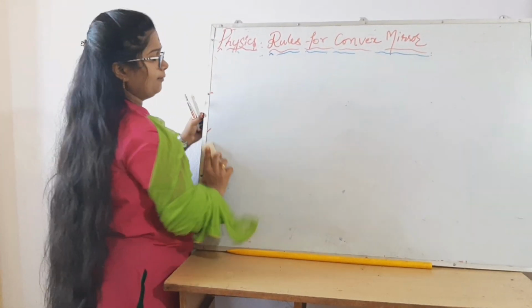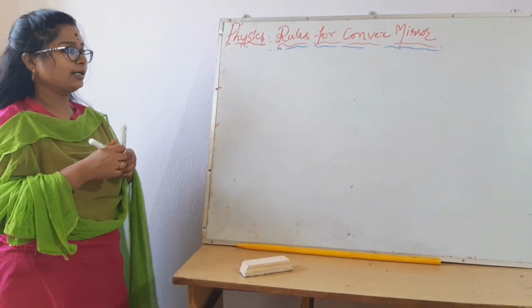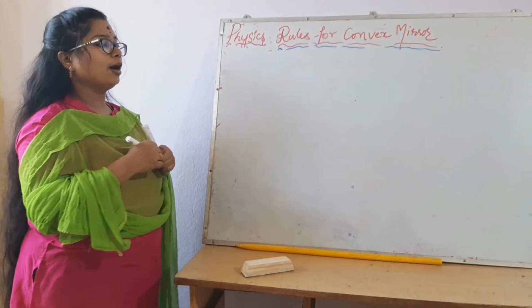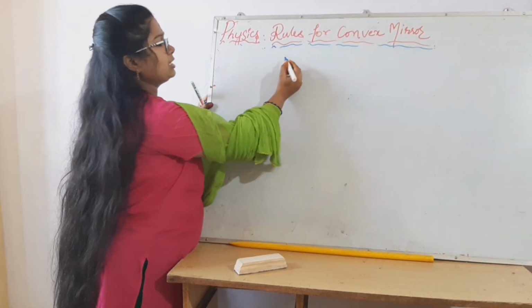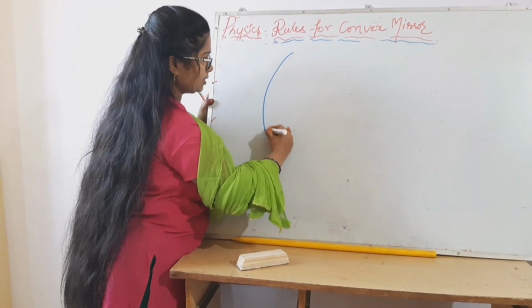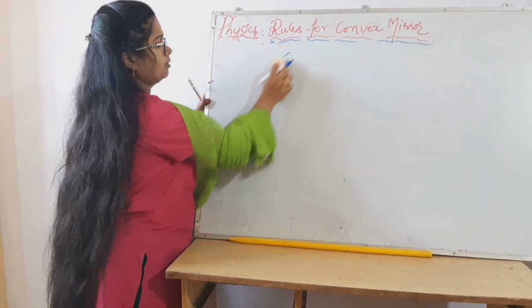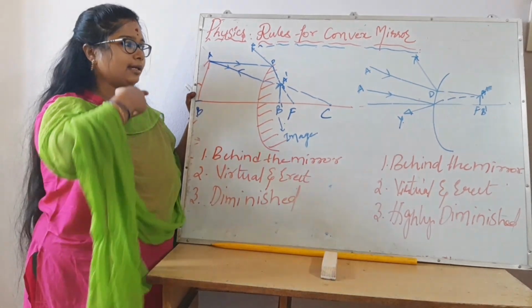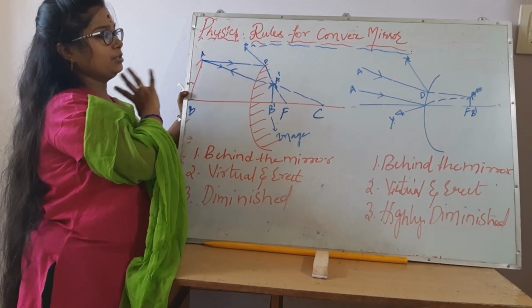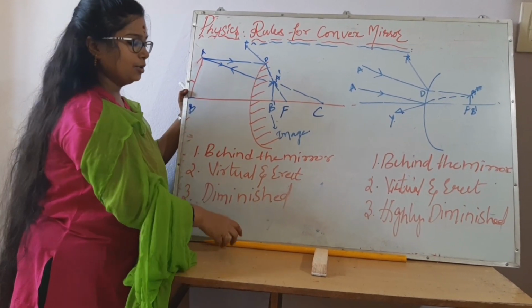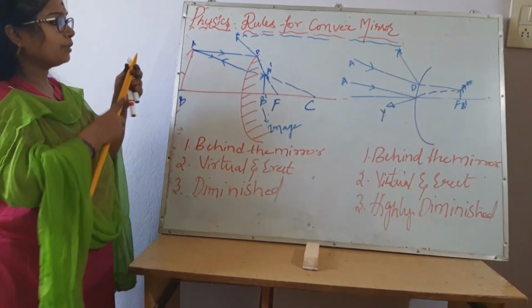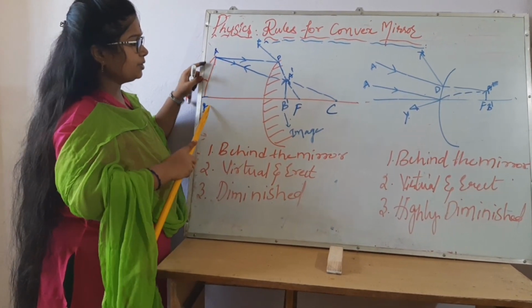Now, let us take one case. When an object is kept in front of the convex mirror, let us see what the cases are using the rules. Suppose, see, this is the object AB.